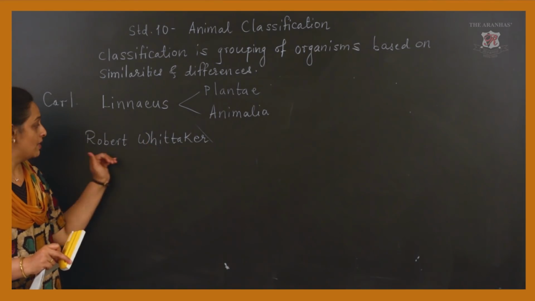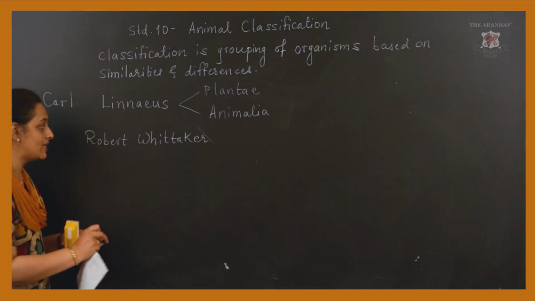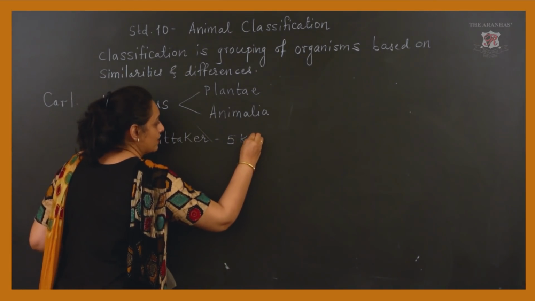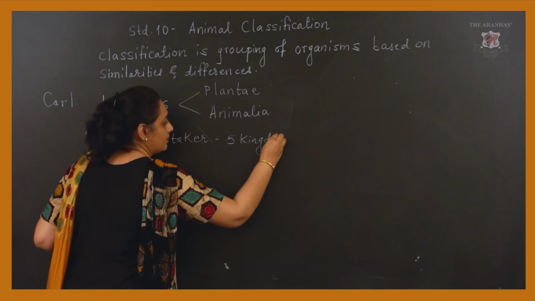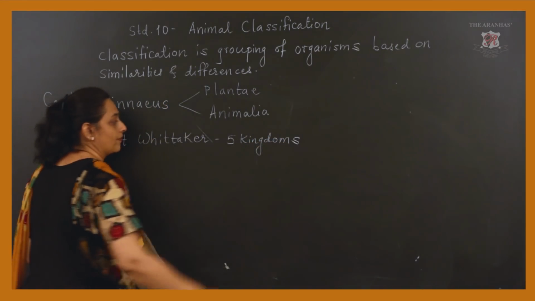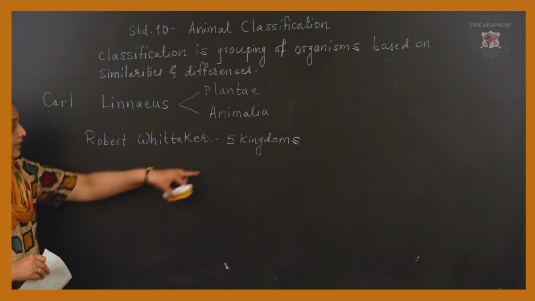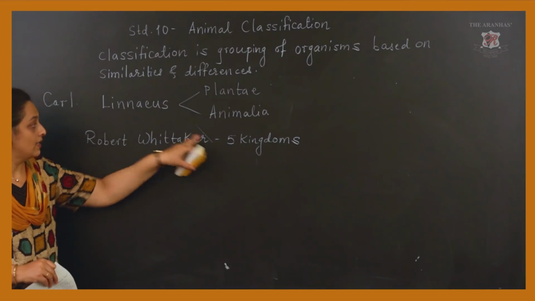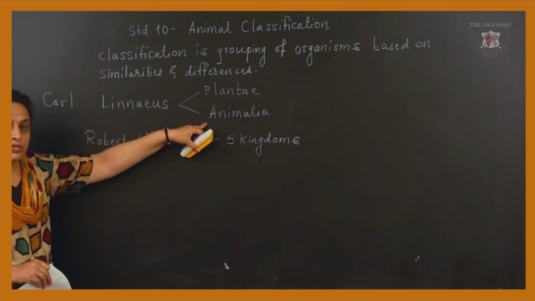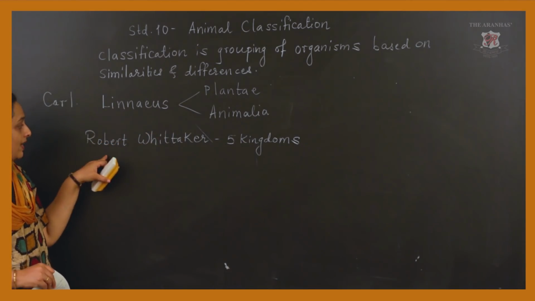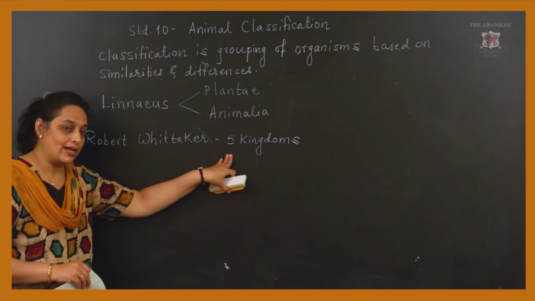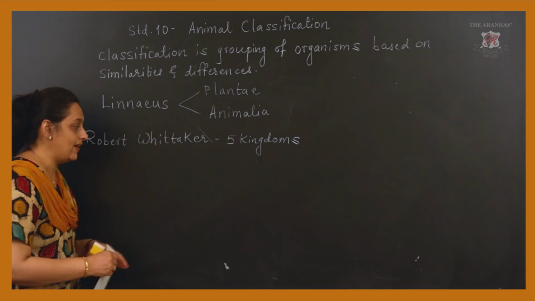in this system. So, Whittaker's system includes 5 kingdoms, and that is why it is the 5 kingdom system of classification. So, Linnaeus proposed 2 kingdoms, whereas in Whittaker's system there are 5 kingdoms. Now, I will quickly tell you the names of those 5 kingdoms.